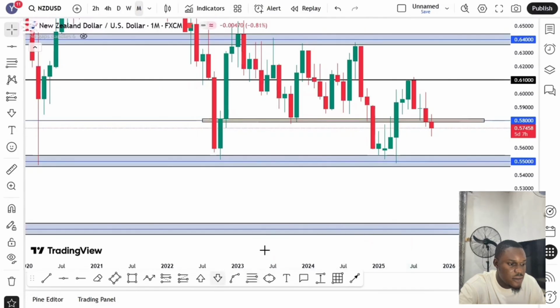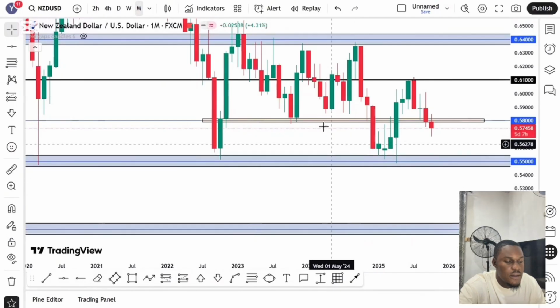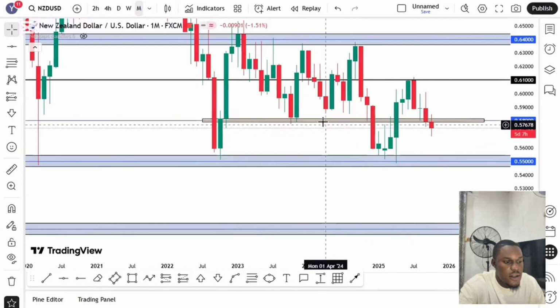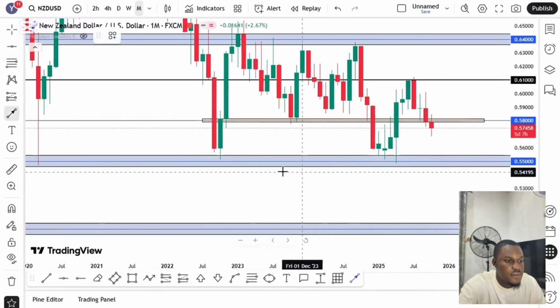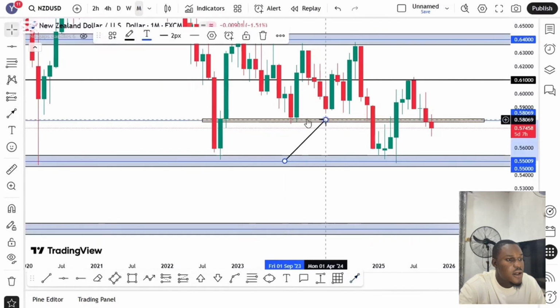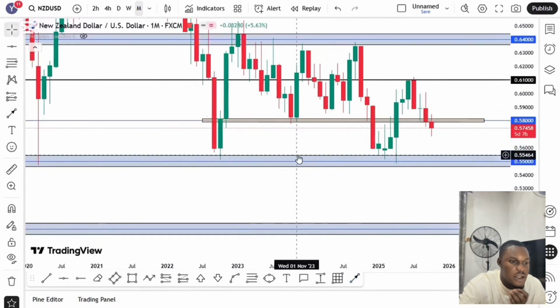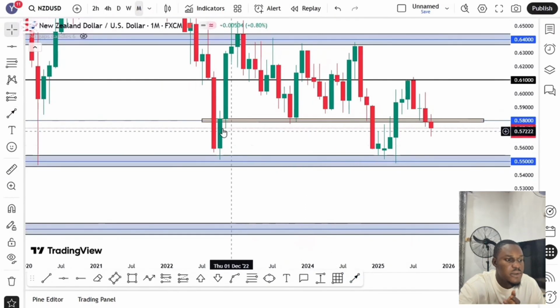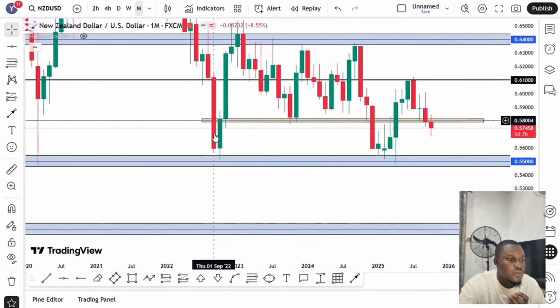Let me show you guys. So this is the level I have here, around this region. If you check properly, anytime the market breaks below this minor level, we usually come to the major level. When the market breaks below this minor level, we come here.